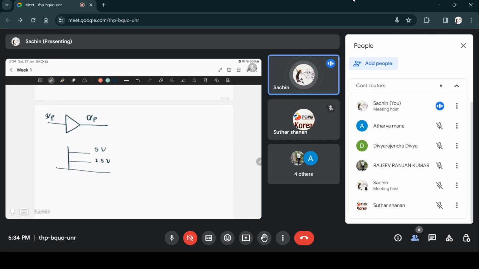In digital, what we do is below 2.5 volts, everything you can say is low, and above 2.5 volts up to 5 volts, you can say it's all high. So low, high. This is what we want in a digital circuit. But when you try to implement this practically, you won't have any circuit that will give you such kind of performance.